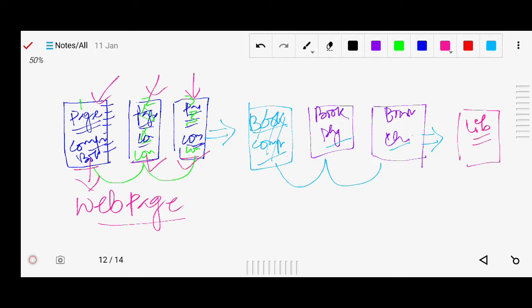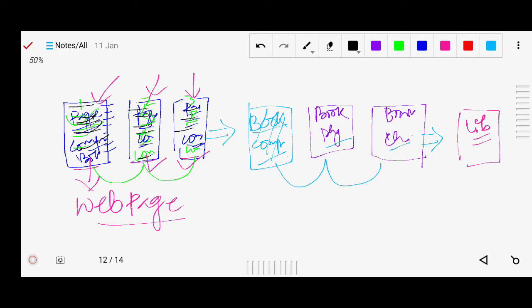And now one more thing: you can notice that every page is written in some language. Either it is in English, Hindi, or any other regional language, Odia, Bengali, any language. Like this book is written in some language, here also the web pages will be written in some language.